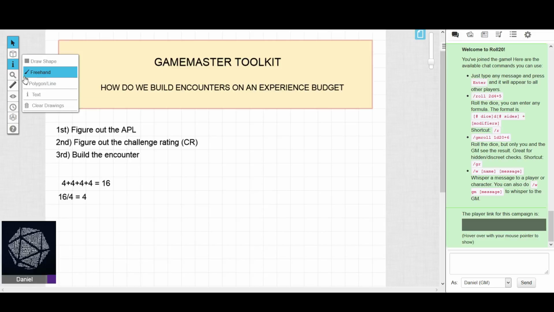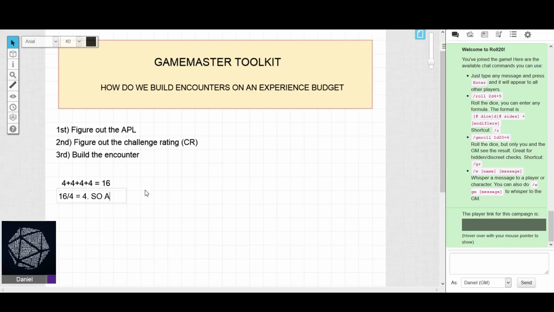In this case, let's be really clear about this. Let's write it here for visual reference. Good. All right.